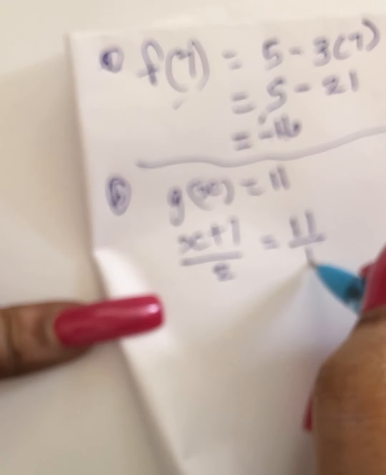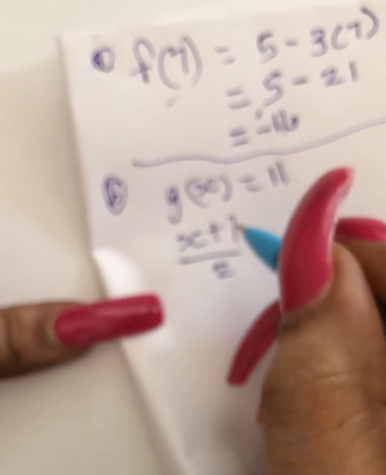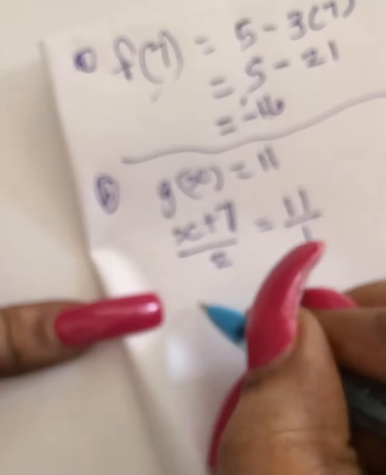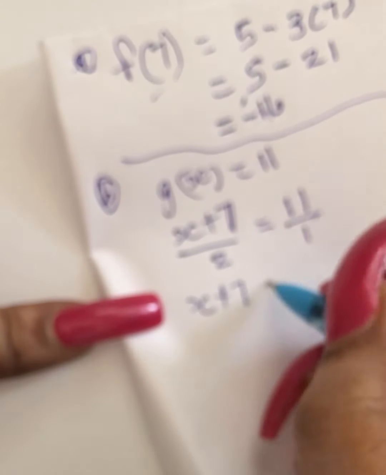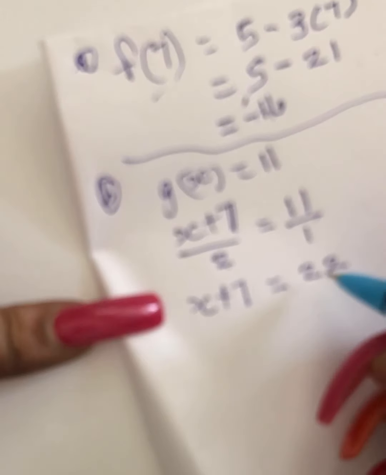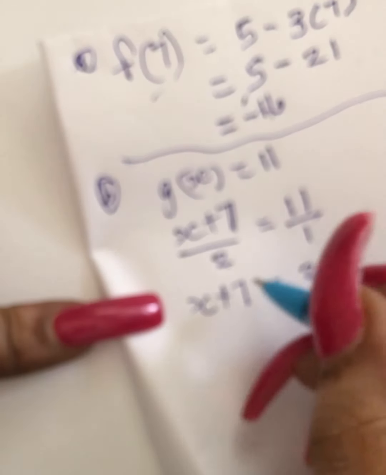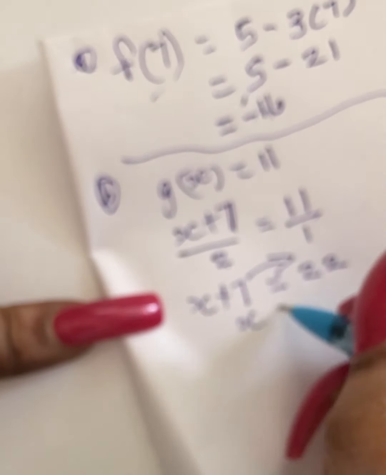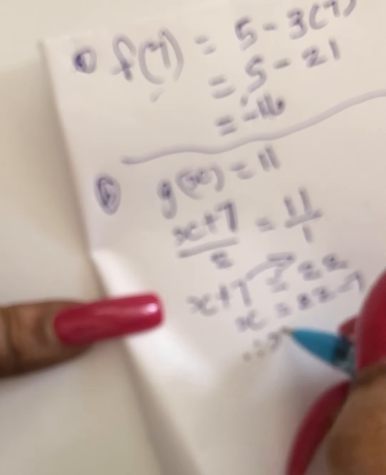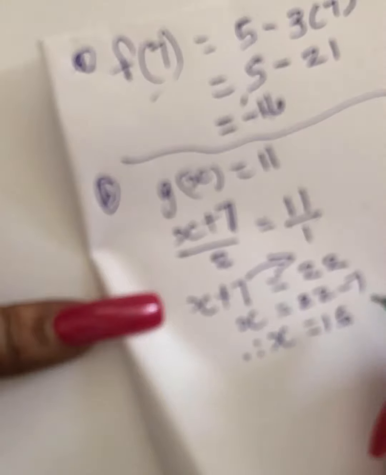We make this side a fraction and we cross multiply. x plus 7 multiplied by 1 will give me the same thing, but 2 times 11 will give 22. x is equal to 22 minus 7. Therefore, the value of x is 15. Right?